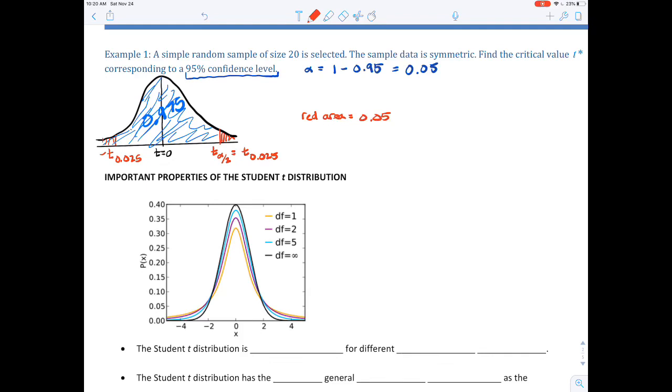All right, so let's go to our technology and find out, what would our degrees of freedom be? So n is 20. With one sample, the degrees of freedom will be n minus 1, which is 20 minus 1, which is 19. Good. And now we're looking up an area of 0.975 to the left.